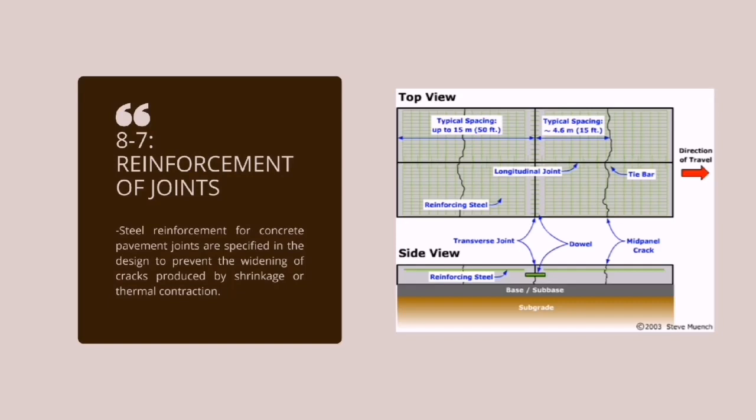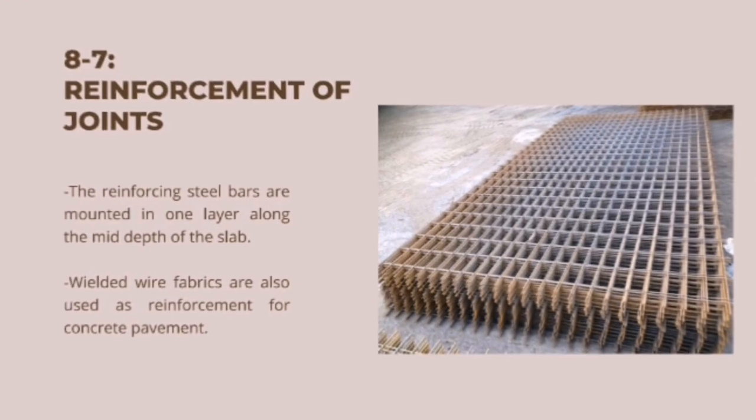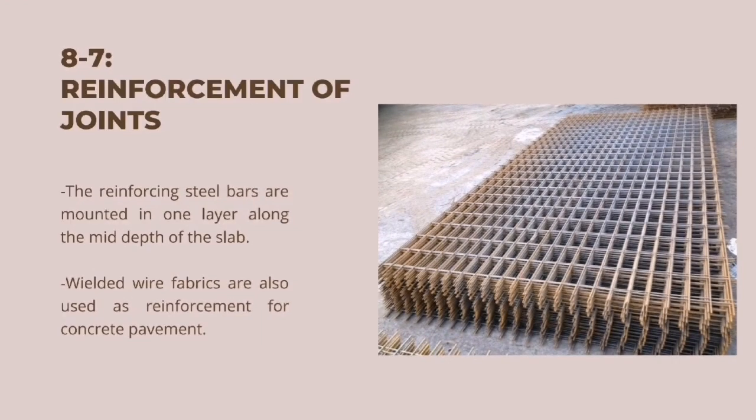These reinforcing bars, however, are not intended to resist flexural stress produced by loads or curling. The reinforcing steel bars are mounted in one layer along the mid-depth of the slab. Welded wire fabrics are also used as reinforcement for concrete pavement.